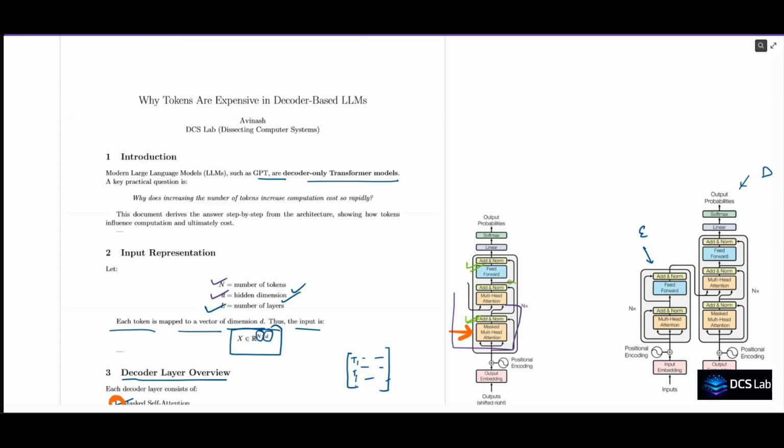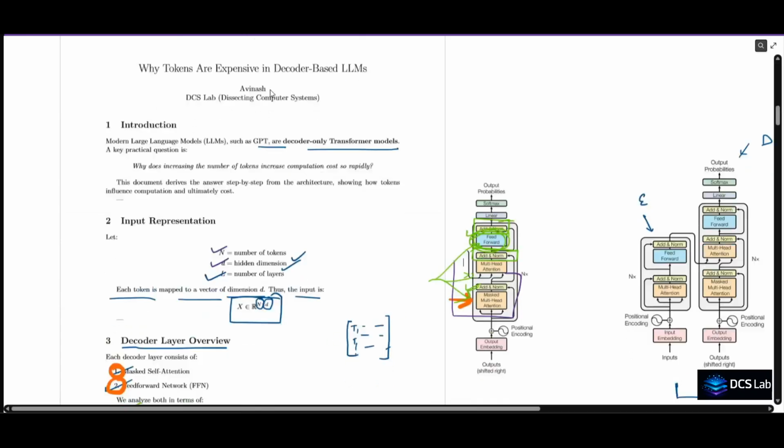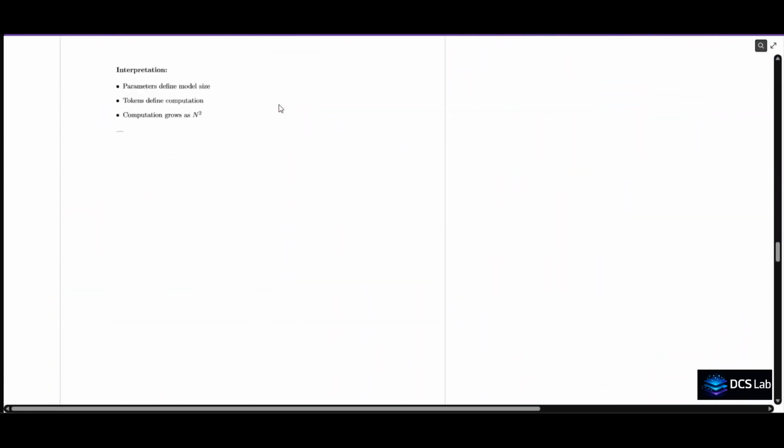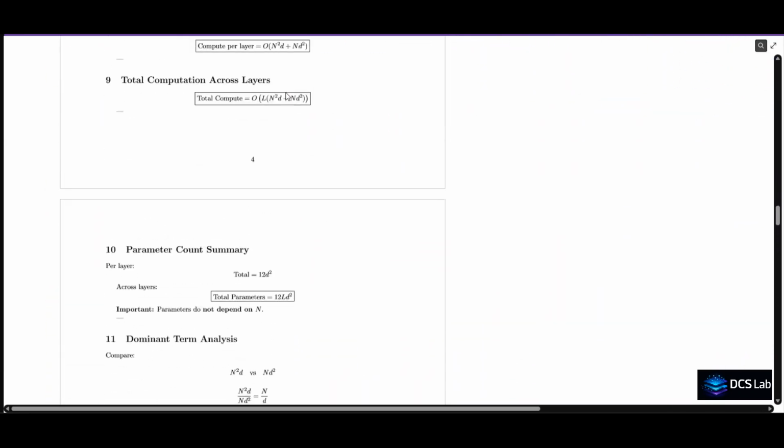For simplicity, we are skipping the negligible contribution to cost by add and norm layers. The main dominating factors were the masked multi-head attentions and the feed-forward neural network layer. So we move to what is happening inside the feed-forward neural network layer and how the cost is getting calculated.